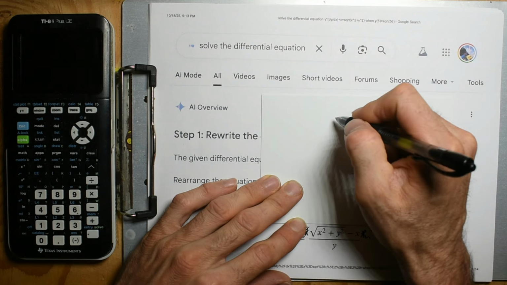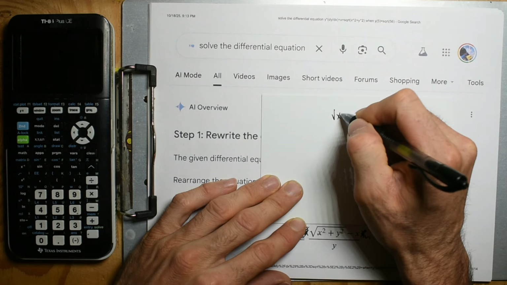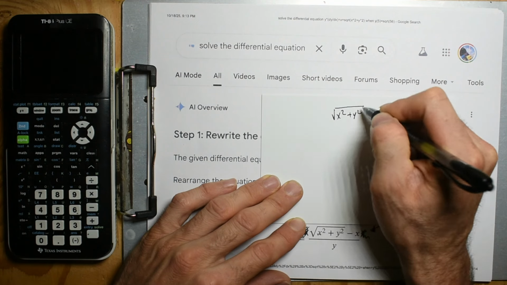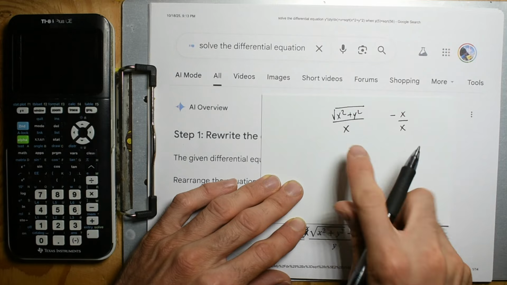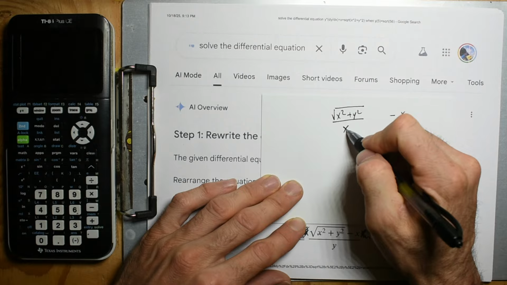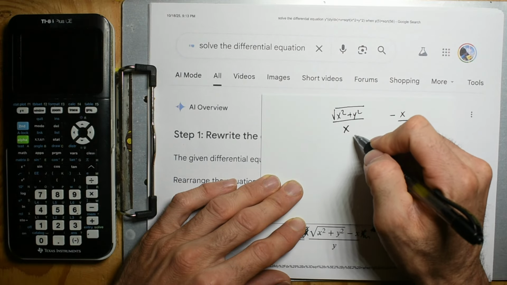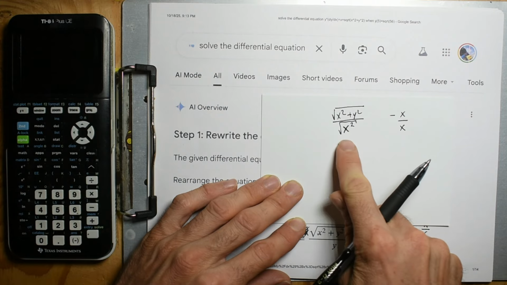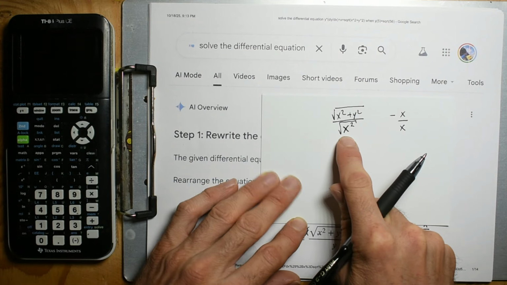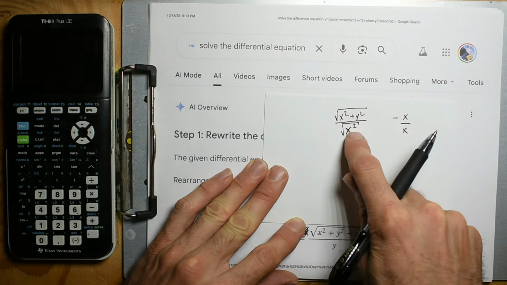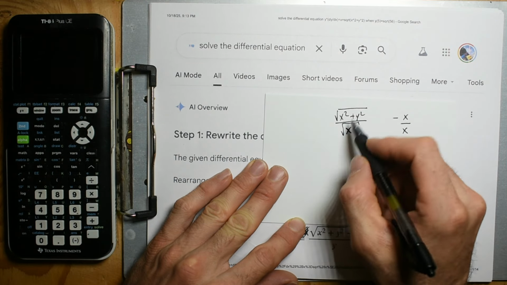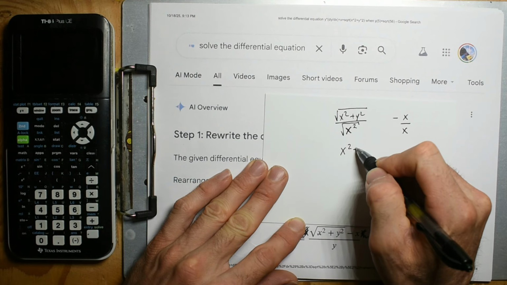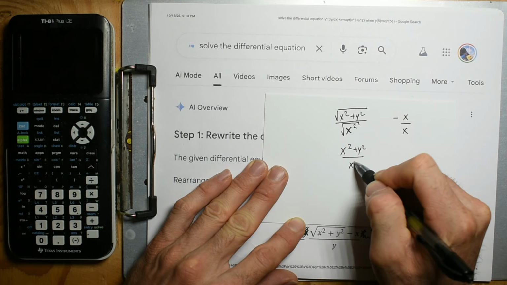So I'm just going to take the square root of x squared plus y squared, divided by x. If I want to get this under the square root, I can say this is the square root of x squared. That is still dividing this by x. Now, since these are both under the square root, it's the same thing as x squared plus y squared divided by x squared.